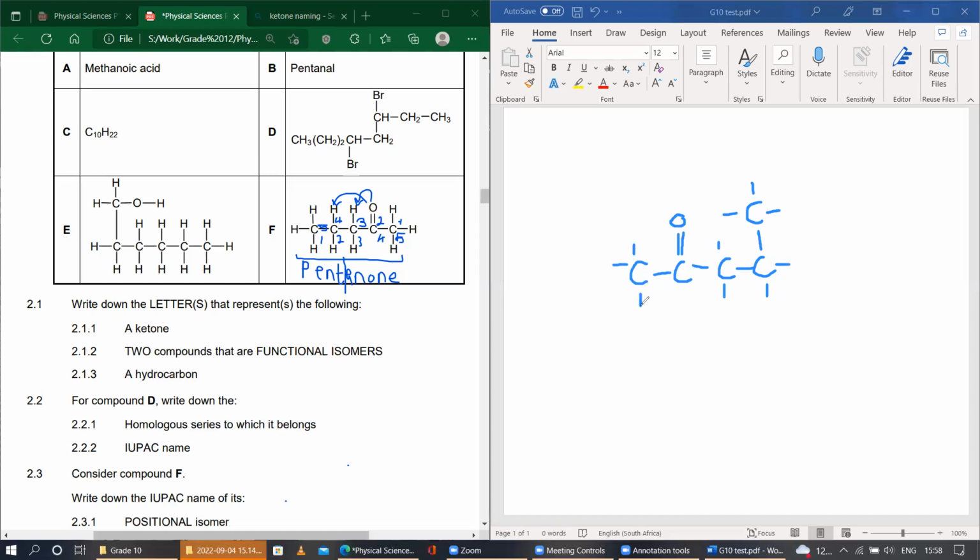So from the picture, from what I've drawn, you can see it's still going to be the same chemical formula. You still have 1, 2, 3, 4, 5 carbon atoms.